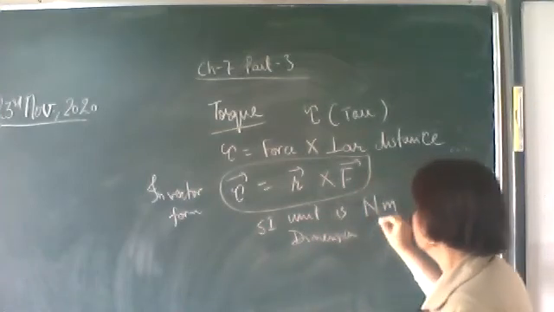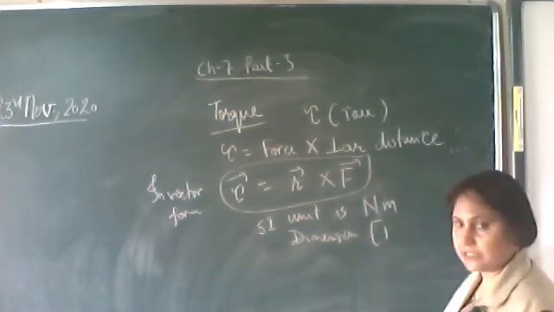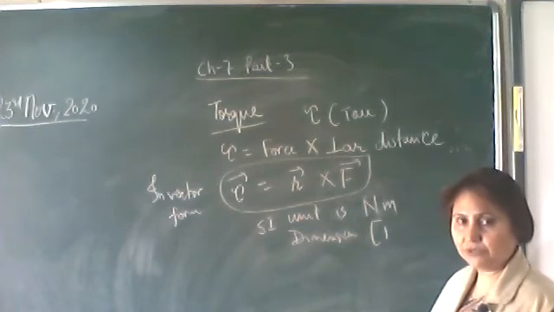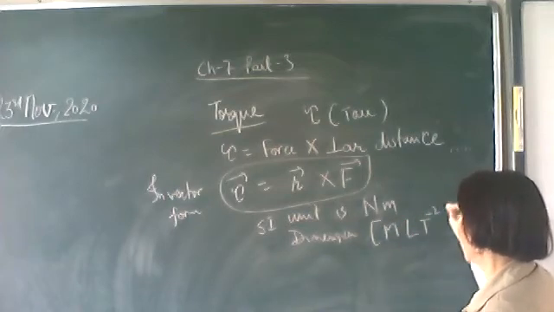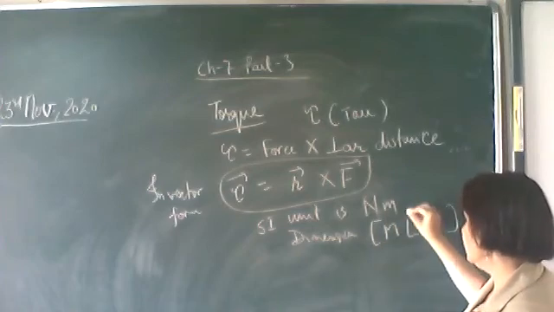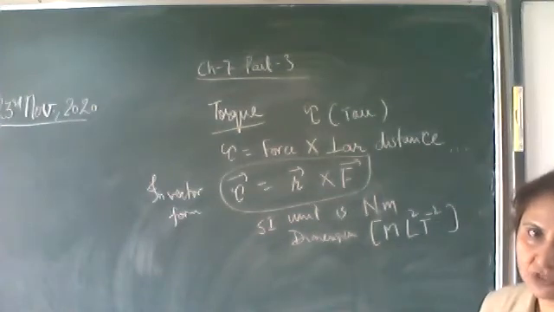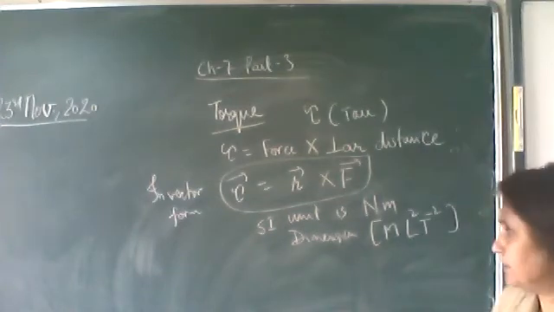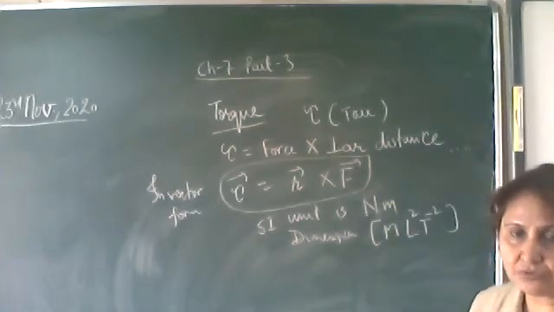Newton is the unit of force, and we know that the dimension of force is MLT raised to the power minus 2, into meter, which is the unit of length, into L. So it will be ML square T raised to the power minus 2. So its dimensional formula is ML square T raised to the power minus 2.